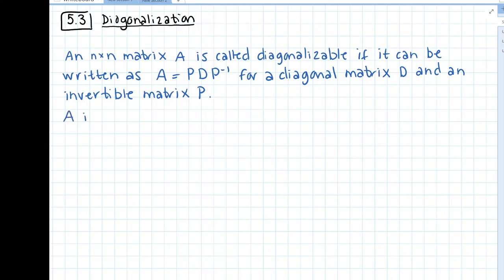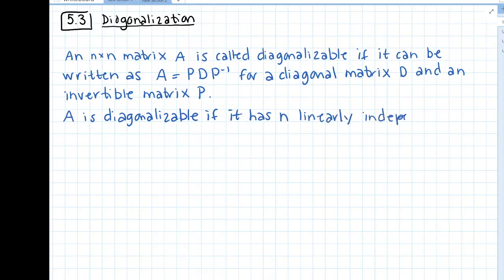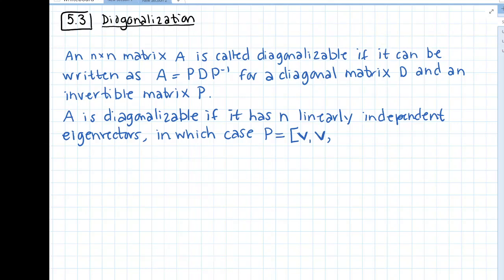So A is diagonalizable if it has n linearly independent eigenvectors, and if that's the case, your matrix P is going to be those linearly independent eigenvectors as the columns.